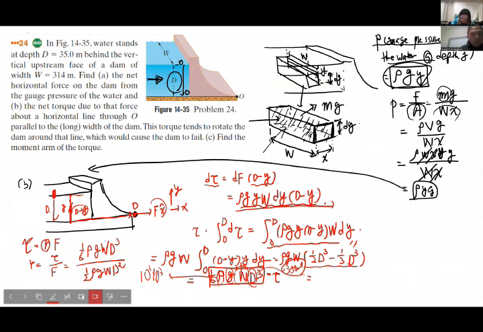If you do that, rho, g, and W cancel out of the numerator and denominator, and D cancels out, leaving only D. So that is 1/3 D. D is 35 meters, so that should be 11.7 meters. Got it? That's pretty straightforward.